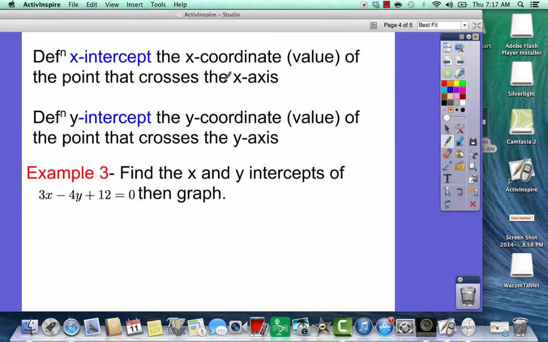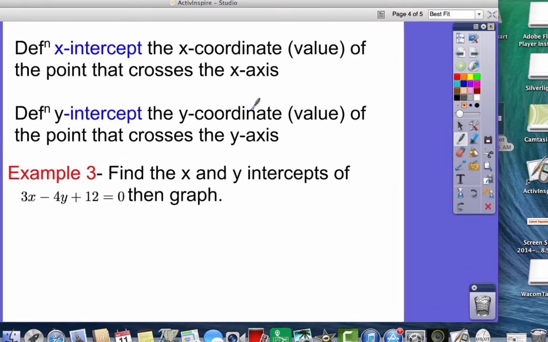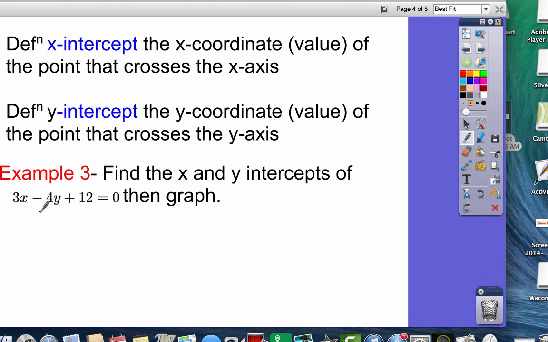And so now a couple last things we have to look at are x and y intercepts. And those are important because when you graph standard form equations, you're looking for the intercepts. Okay, so the x-intercept is where your function is going to cross the x-axis. So the x-intercept is the x-coordinate of the ordered pair that crosses the x-axis. The y-intercept is the y-coordinate of the point that crosses the y-axis.